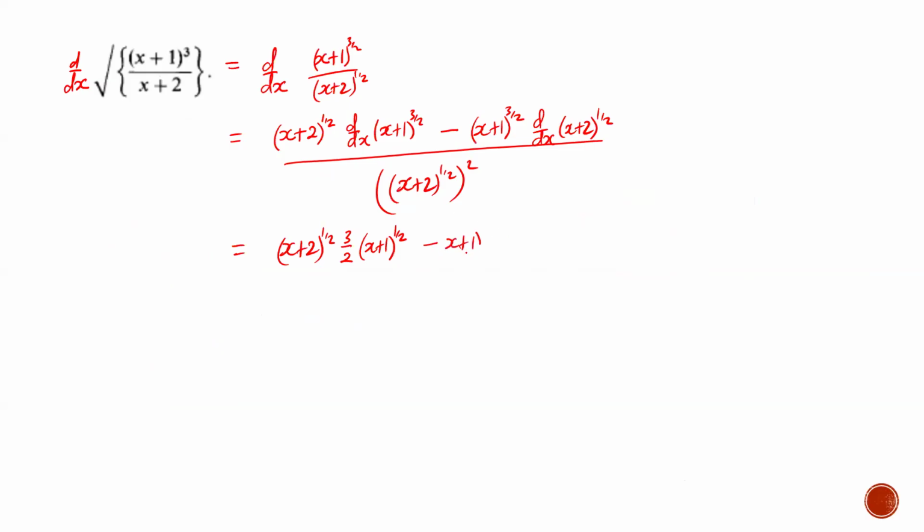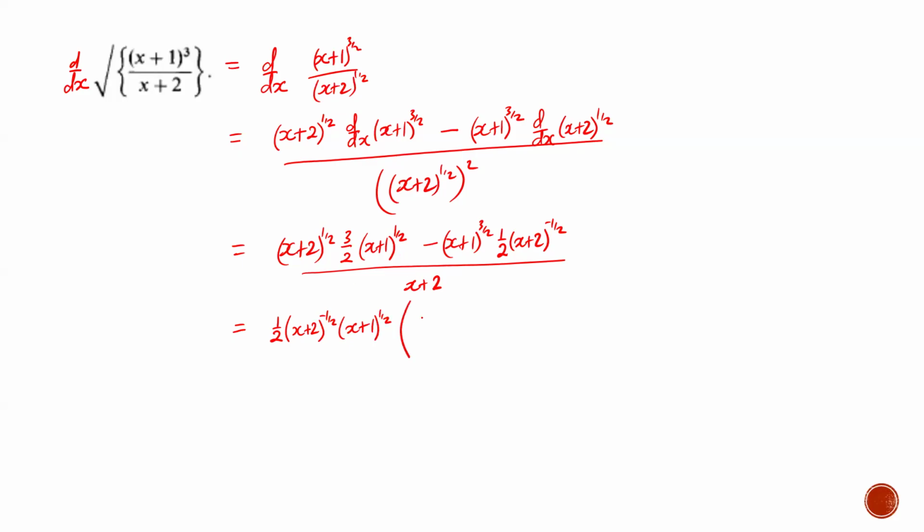Similarly, we'll have (x plus 1) raised to the power 3 out of 2. And this is going to be multiplied by a half times (x plus 2) to the power negative a half. All this is out of x plus 2. Now you can factorize. We can factor out a half. We can factor out (x plus 2) to the power negative a half and (x plus 1) to the power a half.